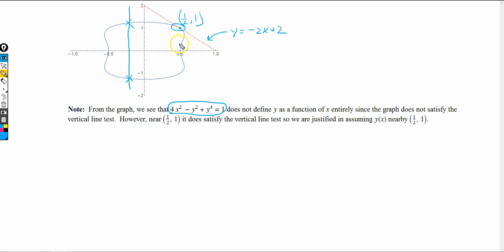The only points that are problematic where it doesn't really define y as a function of x would be right here, and here, and here, where you have trouble with the vertical line test, you see. And also over here, and here, and right there. Everywhere else, locally, it does define y as a function of x.